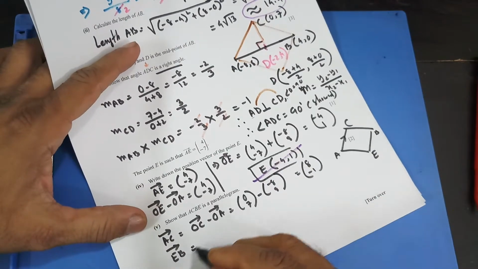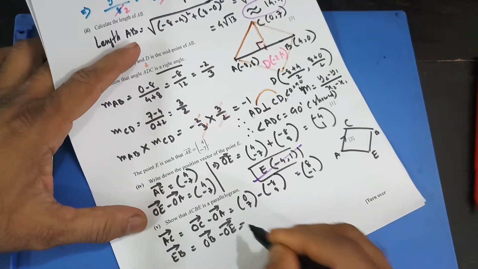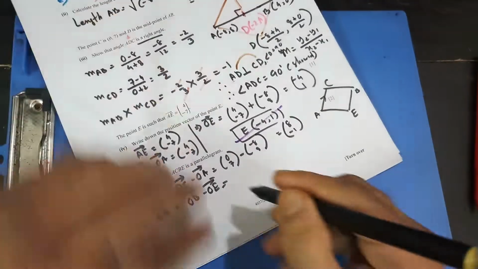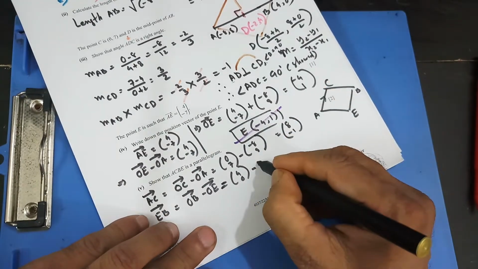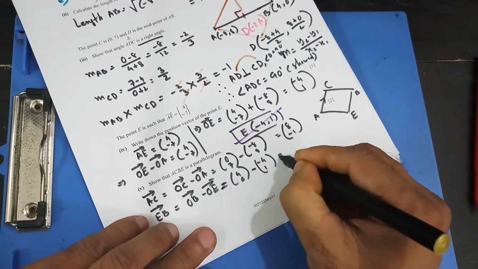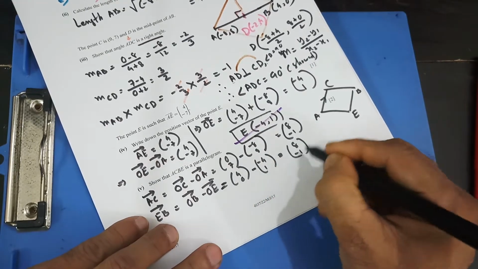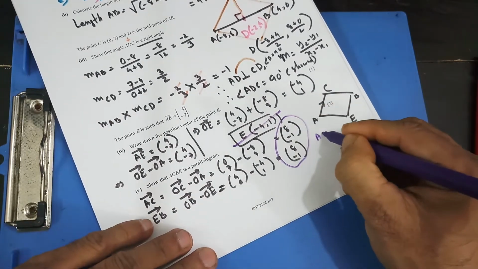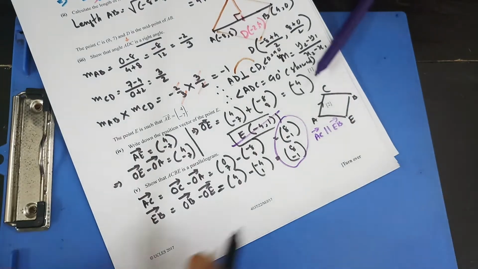Now EB is OB minus OE. Coordinates of B is 4, 0, and E we found out is minus 4, 1, so 4 minus minus 4 is 8, and 0 minus 1 is minus 1. See that these two are equal, so I can write down AC is parallel to EB.